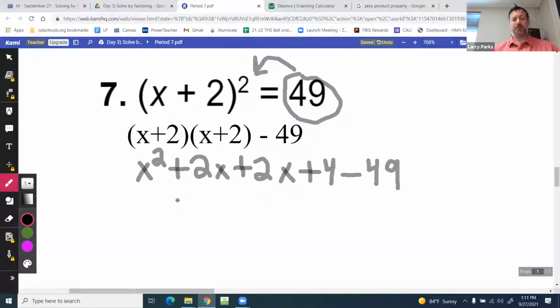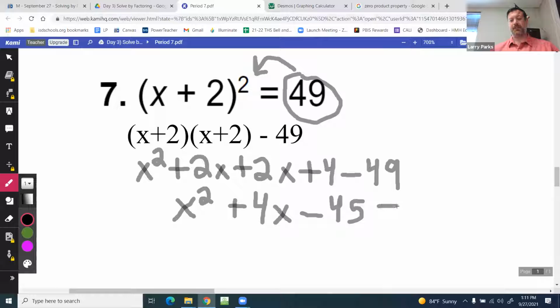Combine like terms, and you'd get x squared plus 4x minus 45 equals 0.